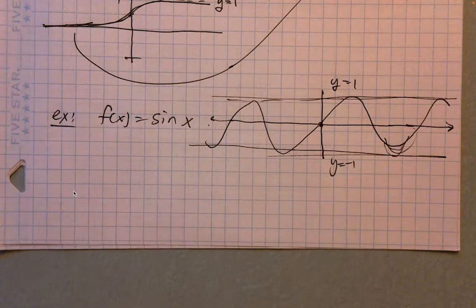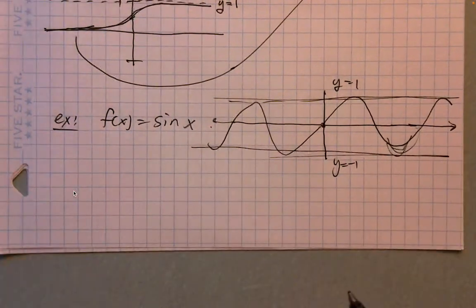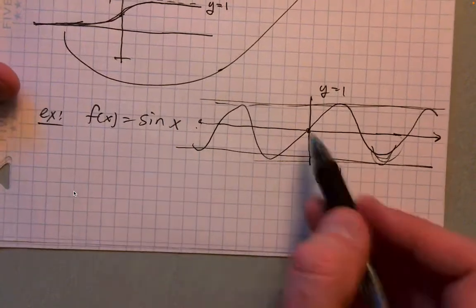Right, but the behavior is it just clearly oscillates, and the entire time it's perpetually in oscillation, right? So it never gets infinitely close to any value and stays there, right? So this is an example of a function where there is clearly no horizontal asymptote, right?